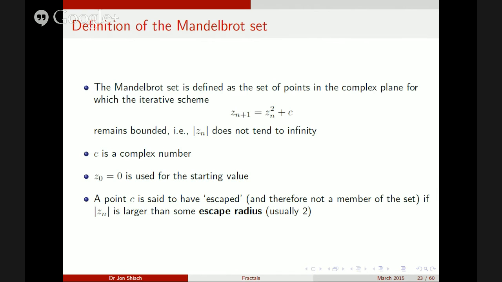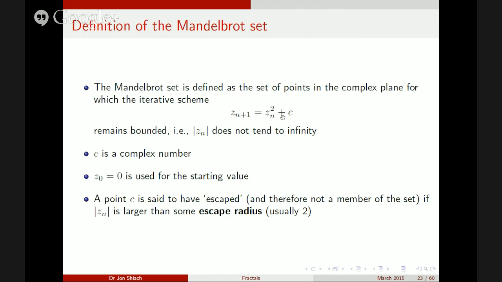We're going to square a number z and add it to our number c, and that's the next value. So z_(n+1) is equal to z_n squared plus c.